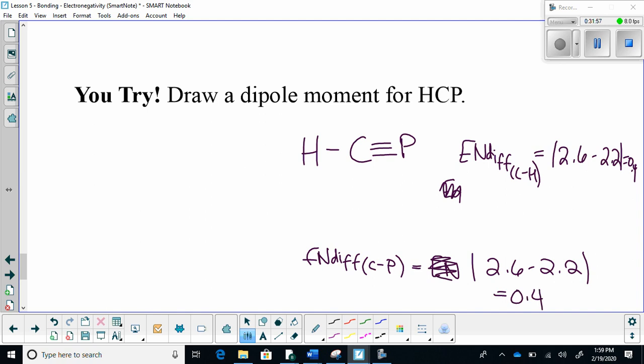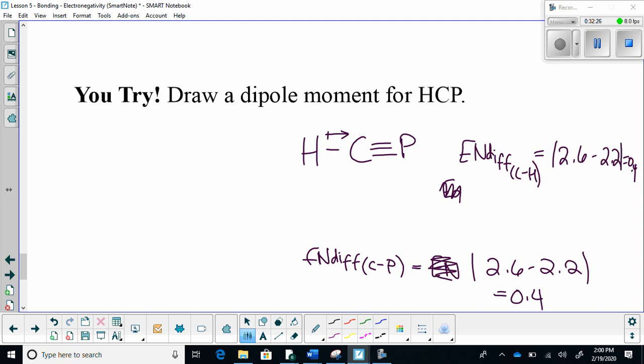Okay, so between hydrogen and carbon, who is more negative? Carbon or hydrogen? Carbon. Okay, so the arrow is going towards carbon. Okay, same thing on this side between carbon and phosphorus.